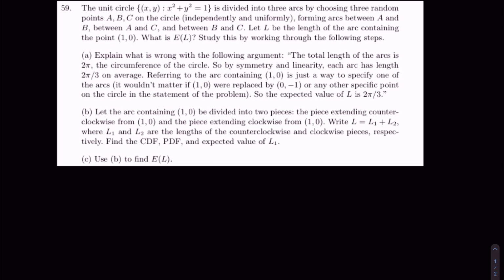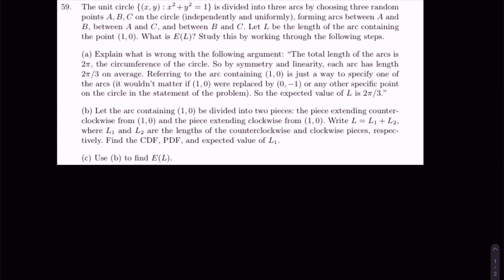So in this exercise, we're asked to find the expectation of L, where L is the length of an arc containing a point in the unit circle, to be more precise. We're given that the unit circle is divided into 3 arcs.